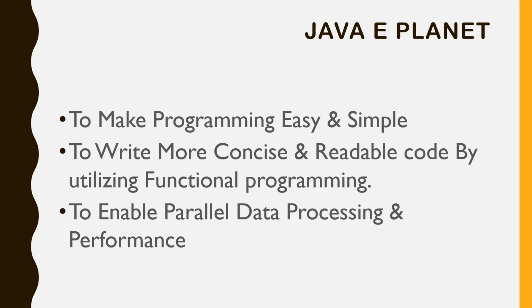The Stream interface gives us the opportunity to execute operations in parallel on a collection of data without much effort. It lets you declaratively turn a sequential stream into a parallel one by using parallel streams. These are the main three objectives of Java 8.